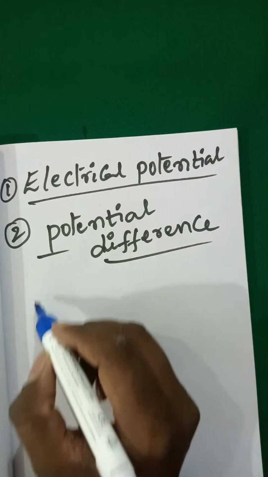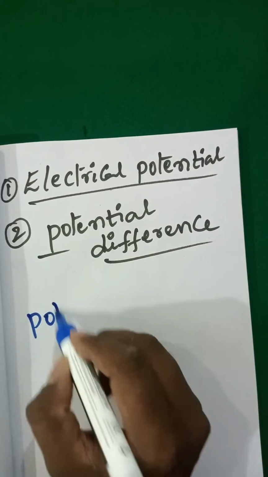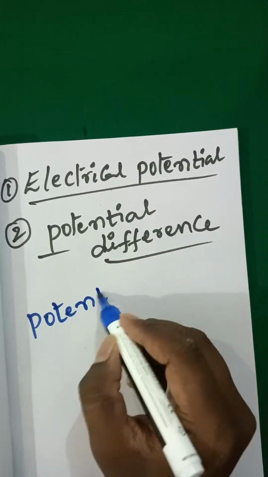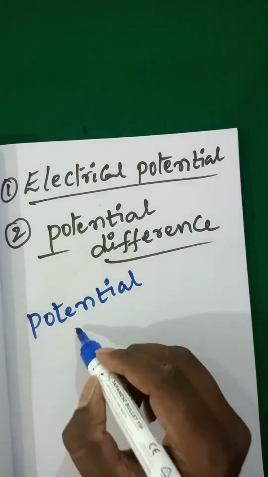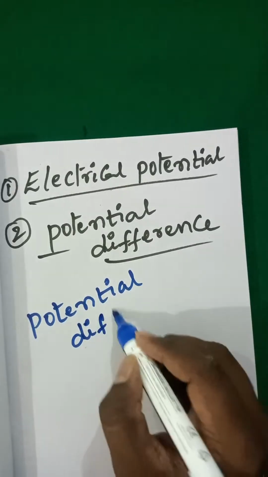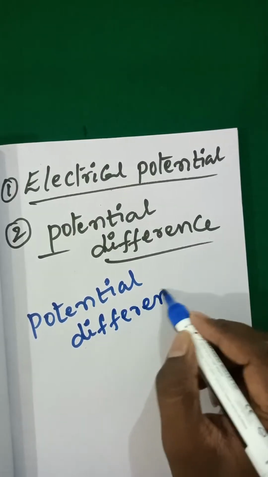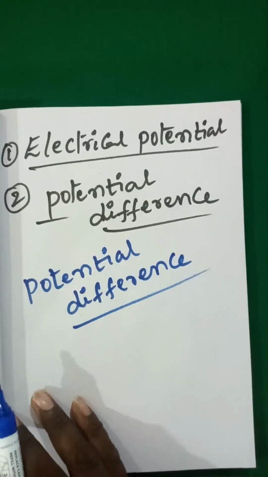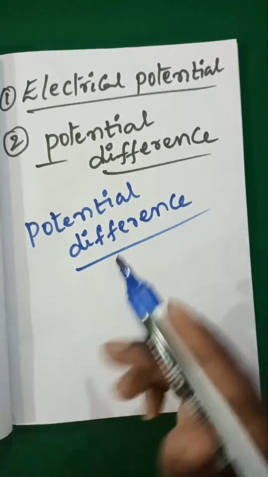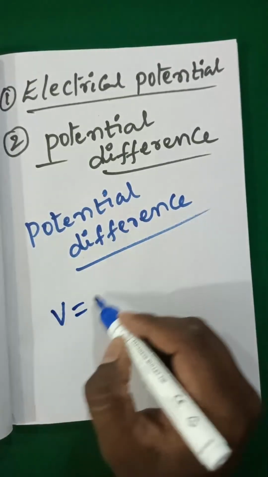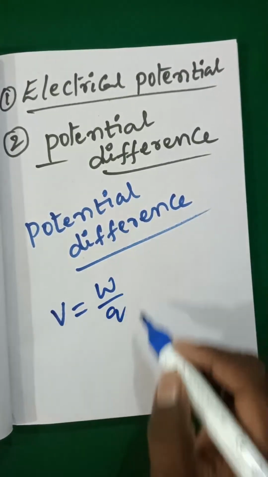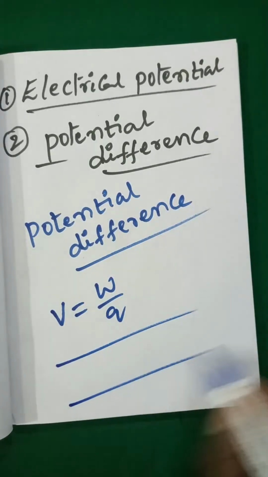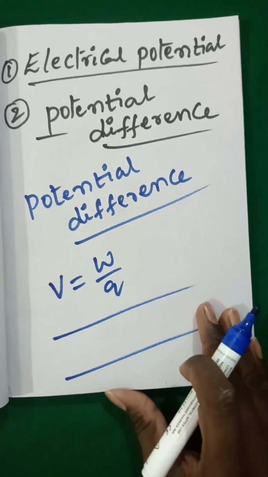Potential difference is nothing but V equal to W by Q. If you are taking within the conductor, I'm taking the conductor here.